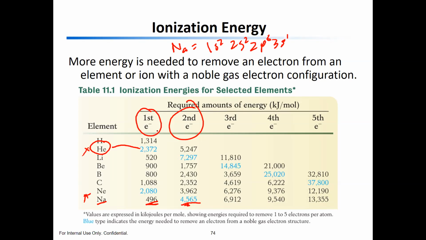Now, when I remove that one electron, now this one is gone, right? What does this electron configuration look like? Look at my periodic table. Sodium +1 is neon.